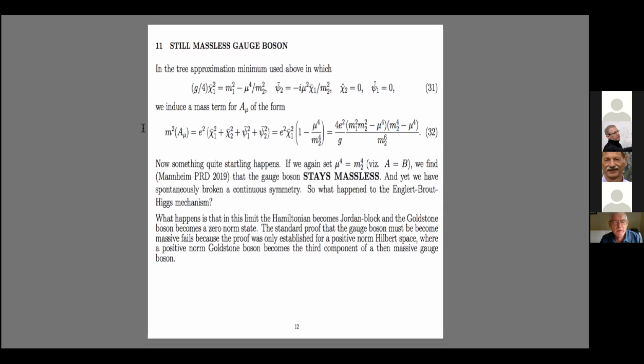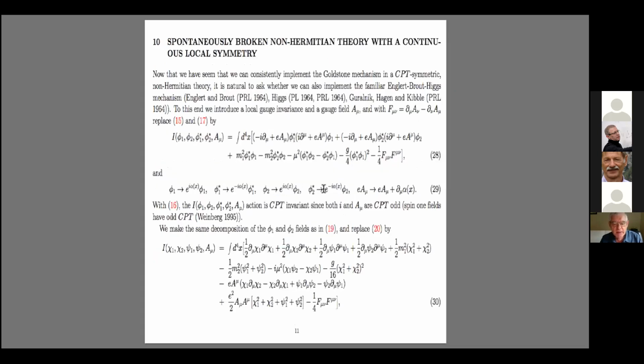And we read off the mass of the A mu, and that's what we get. So by working through this theory, we can see that we can produce a massive gauge boson. And now we're very, very happy to see that the Englert-Brout-Higgs mechanism goes through even if the Hamiltonian is not Hermitian, but has an antilinear symmetry.